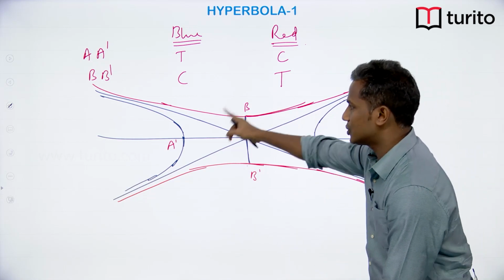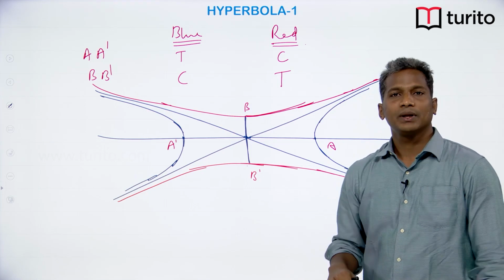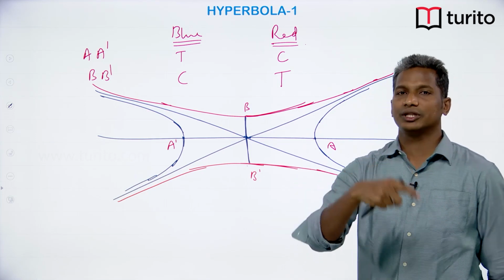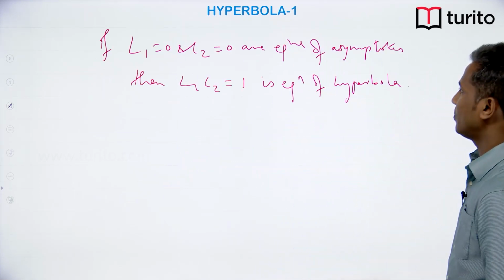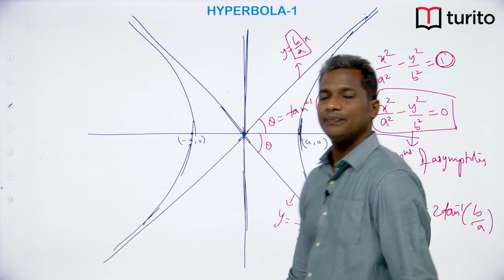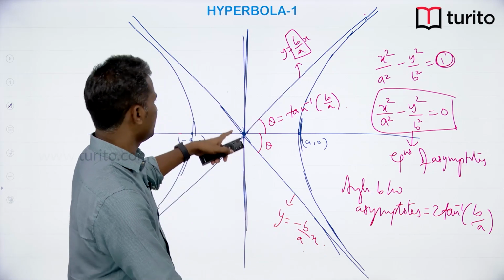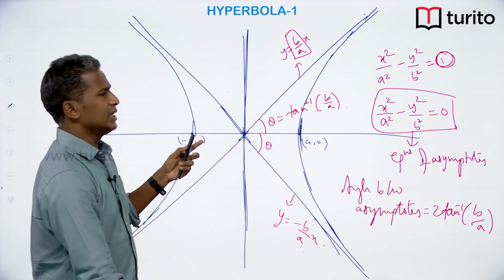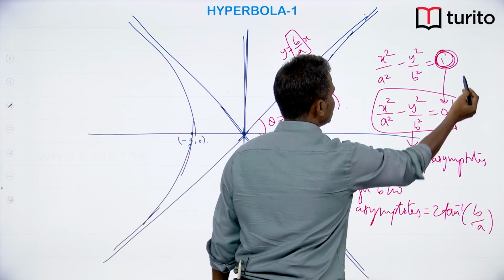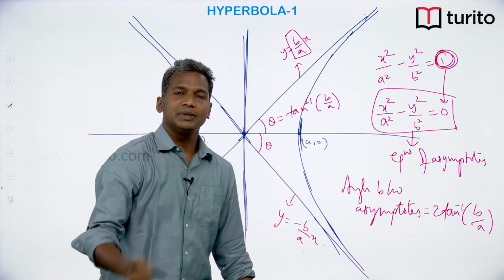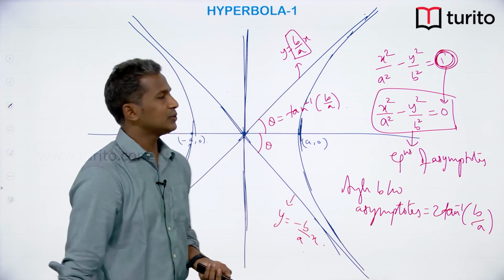Now that you have understood the main process, let us see how to get the equation of the conjugate if you know the original one. Let us go back to the earlier version of the hyperbola. Here, in place of 1, if I write 0, I get the equation of the asymptotes.